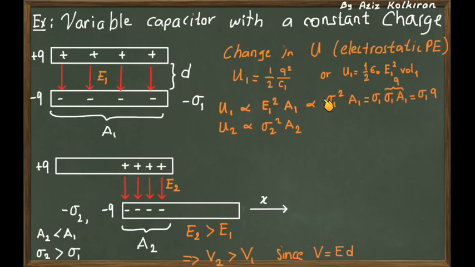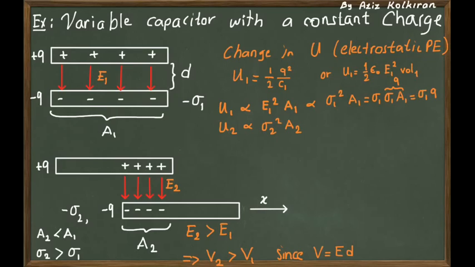So we can express this proportionality, sigma 1 squared times A1, as just sigma 1 times Q. So the proportionality for the electrostatic energy reduces to only one variable in that case, because the total charge is not changing. So this expression has only sigma 1, which is the changing quantity for the two configurations.